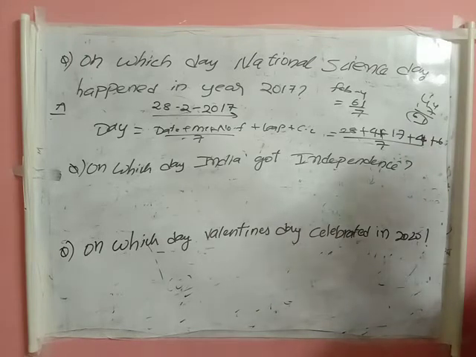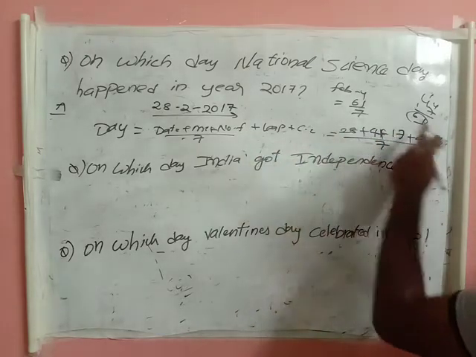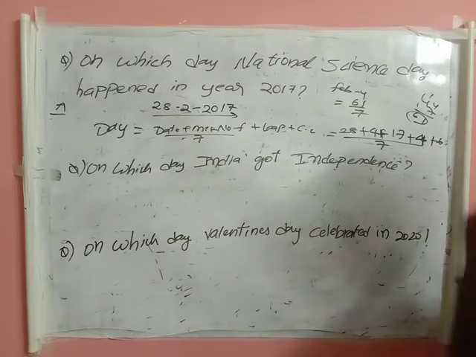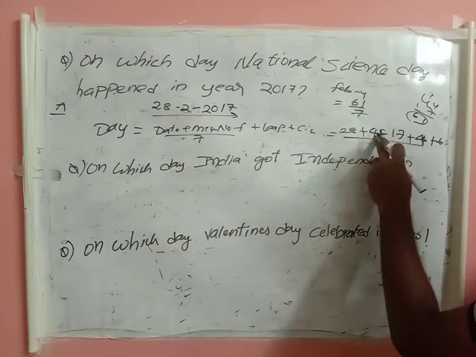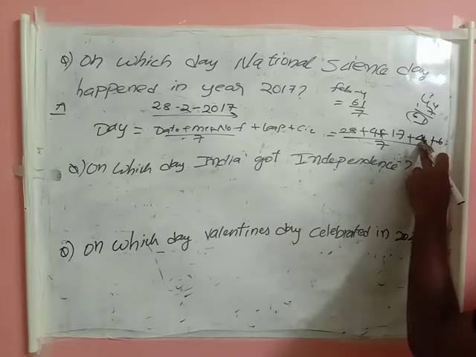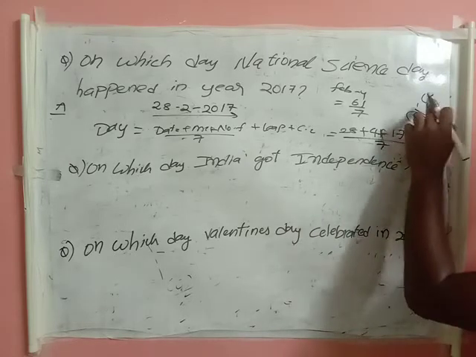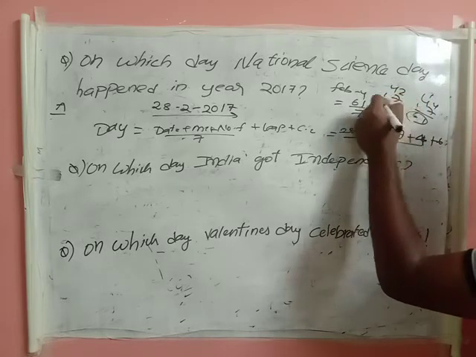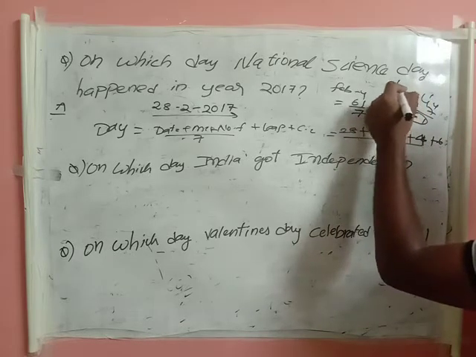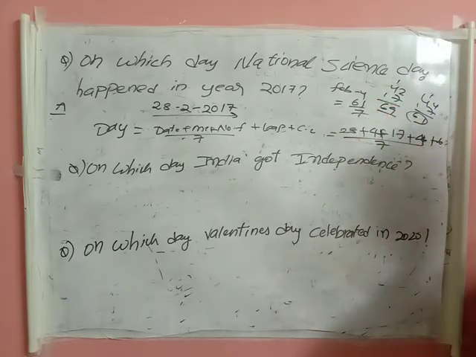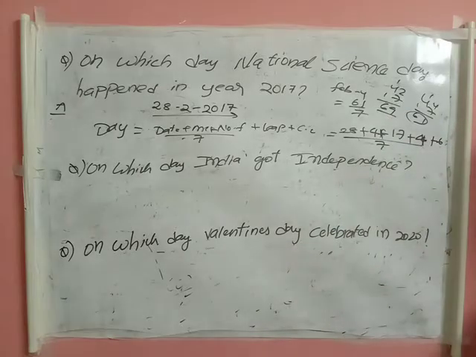Check whether we did the addition correctly or not. So 28 plus 4 is 32, 32 plus 4 is 36, we did it wrong here. So 36 plus 6 is 42, so 42 plus 17, you will be getting 69, right or not? Is this correct? You just check it.